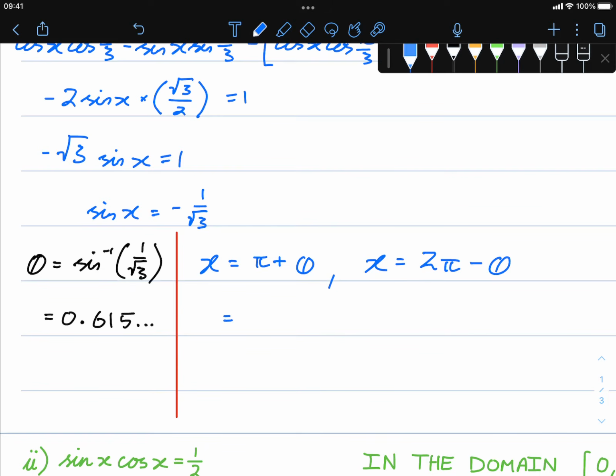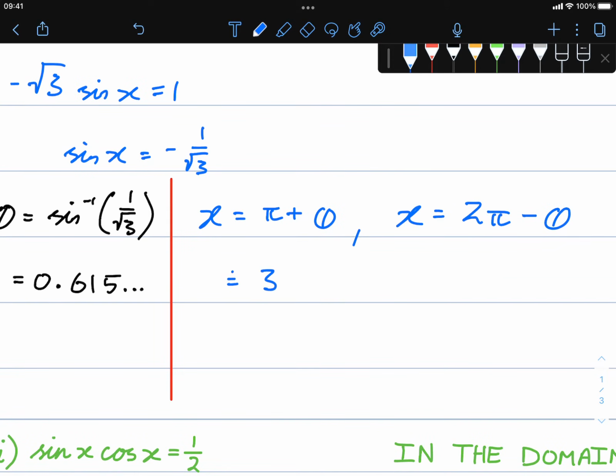I'm going to use a physical calculator just to get our values here. Shift sine, 1 on square root 3. Let's do this in radians. Okay, 0.615. So we get pi plus our answer.